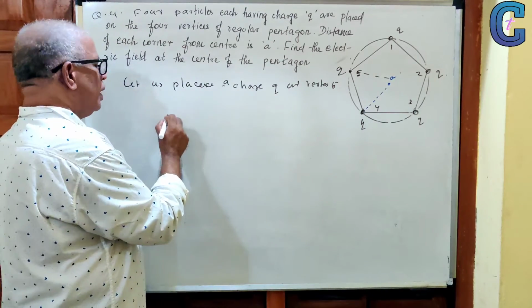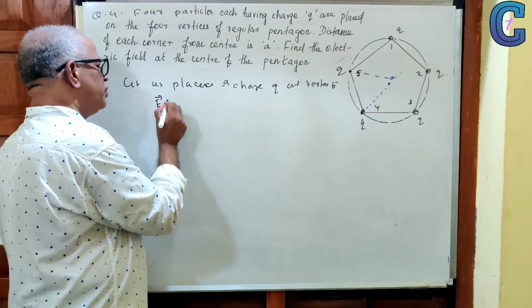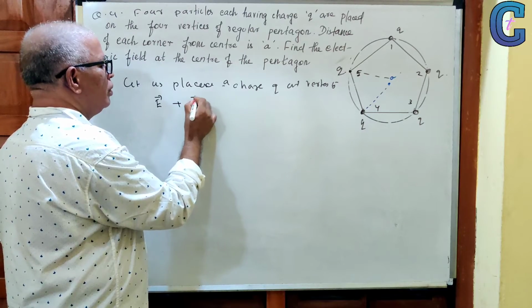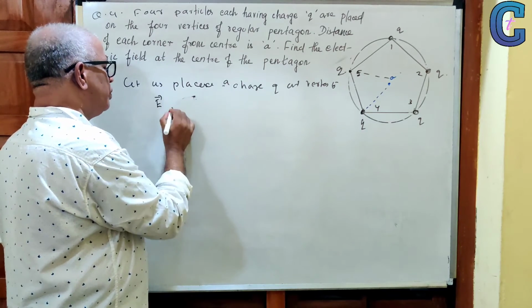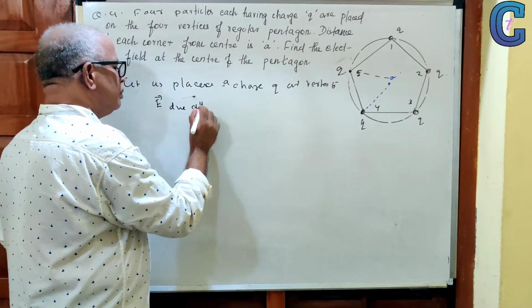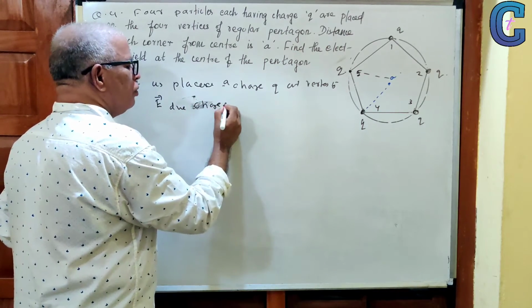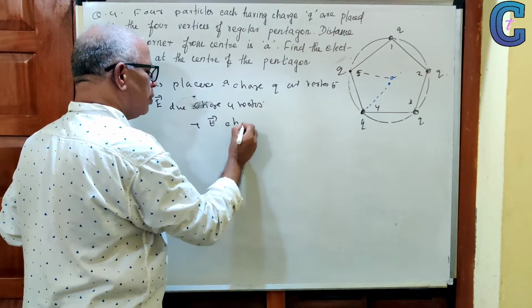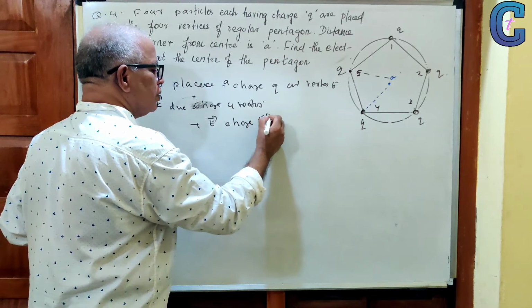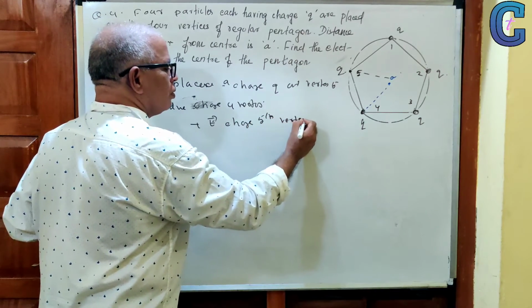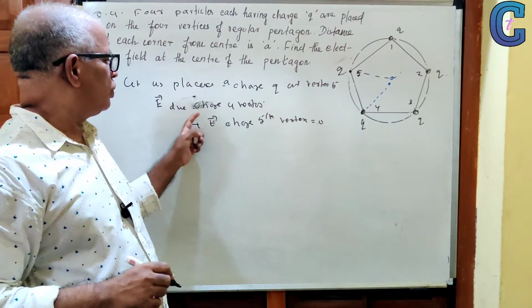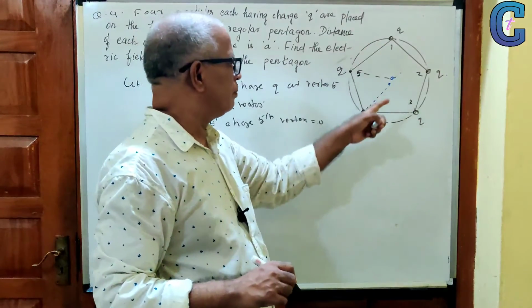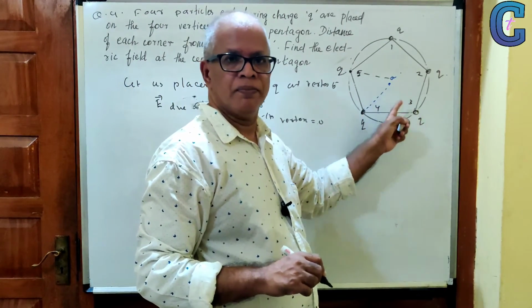So the electric field due to all charges at the 4 vertices plus the electric field due to the charge at the 5th vertex must be 0. Why? Because in a symmetrical figure, the electric field at the center of any such figure is 0. That you must know.